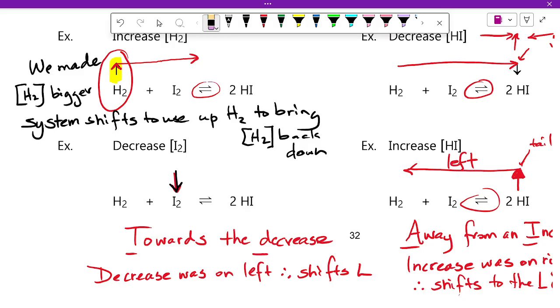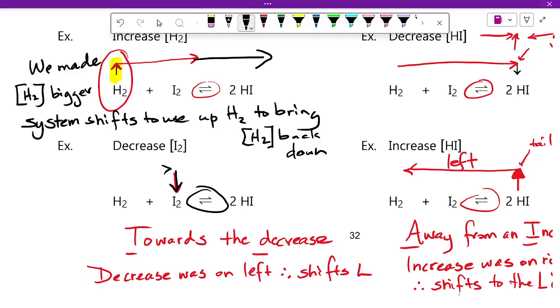Did we go over top of the equilibrium arrow? No, we didn't. So you're just looking at reactants and reactants. If you're using the line method, your line should always go over top of the equilibrium arrow.